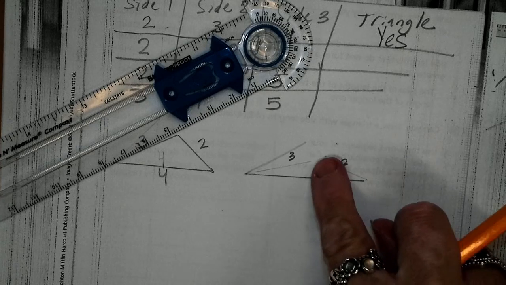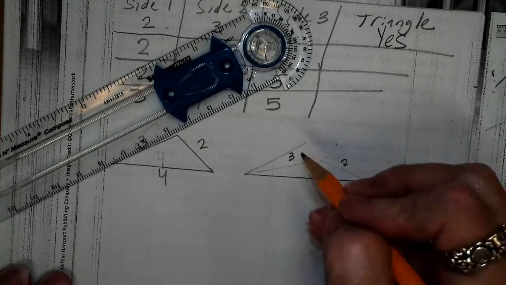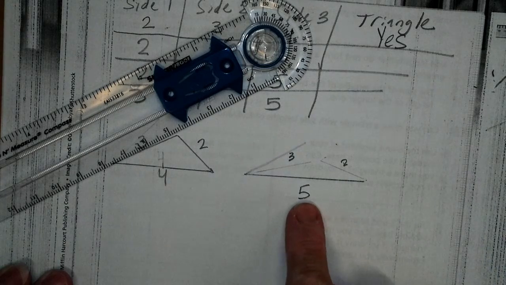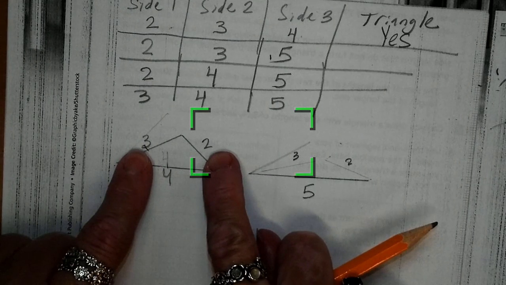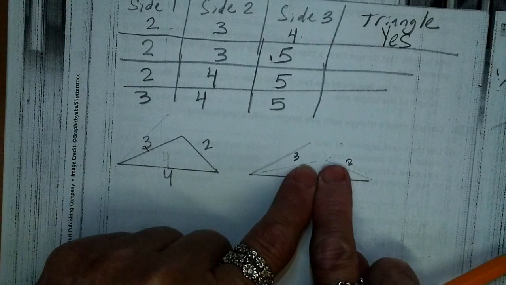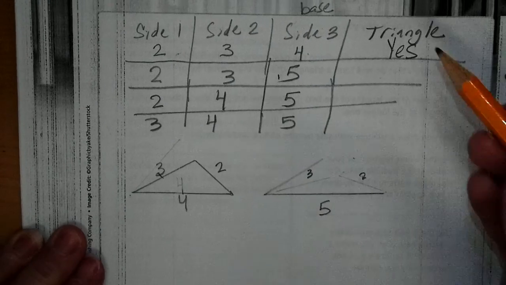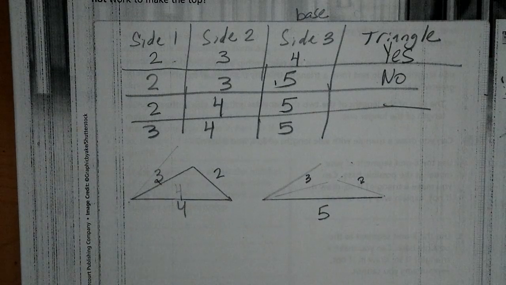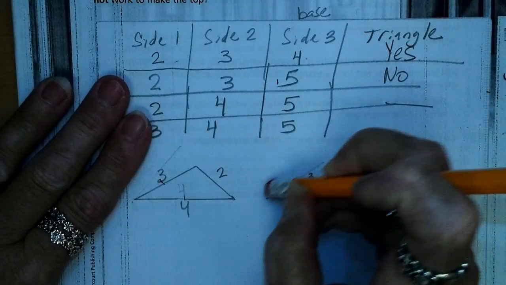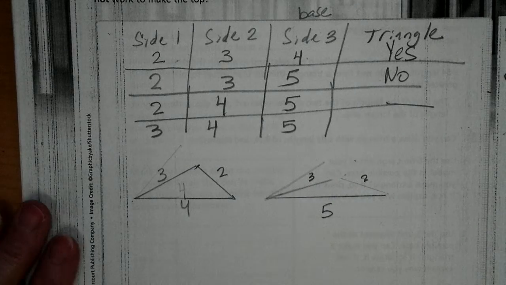As you can see, it's missing that basically inch that we added down here, right? Because we added 5 here, but kept my side lengths the same. So it's missing that little piece that we added. Okay? So it does not make a triangle no matter how I try to adjust that length.